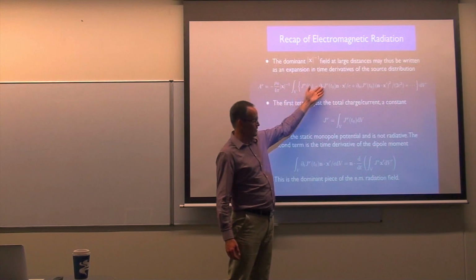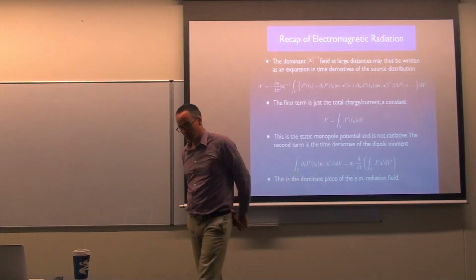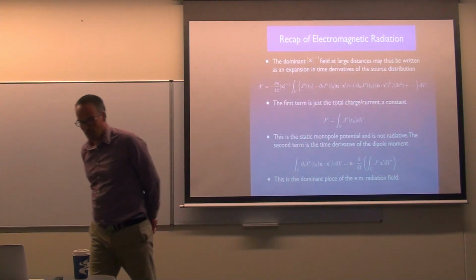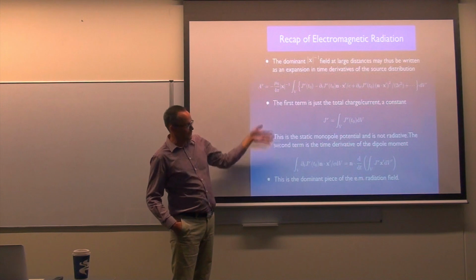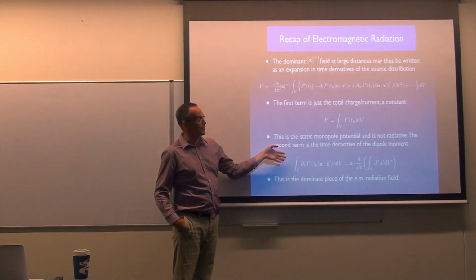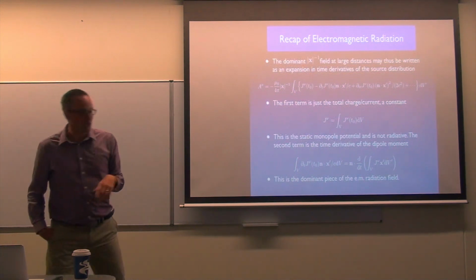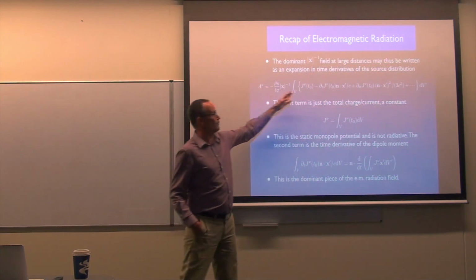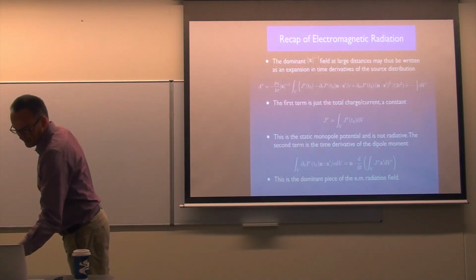This is essentially the time derivative of the dipole moment of the current distribution. And that tells you that at large distances, the radiative bit of the field is dominated by the dipole. So you have dipole radiation in electromagnetism coming from this time derivative of the moment of the current distribution.